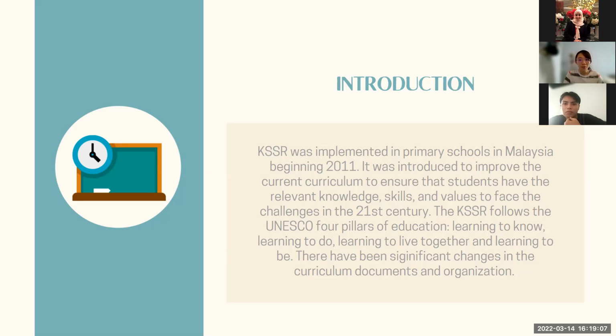We can see later in this KSSR syllabus how it has changed from the old KBSR syllabus. The KSSR curriculum follows the UNESCO four pillars of education, which are learning to know, learning to do, learning to live together, and learning to be. Next, we will look at some of the significant changes in the curriculum documents and organization of KSSR.